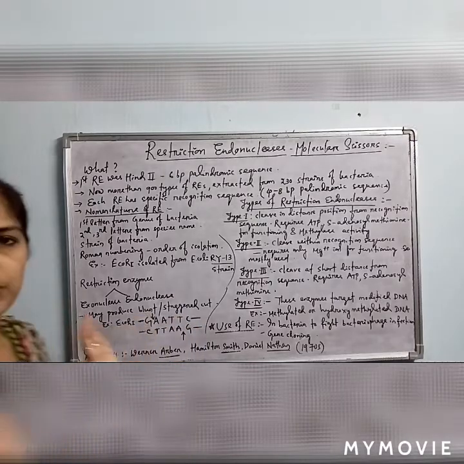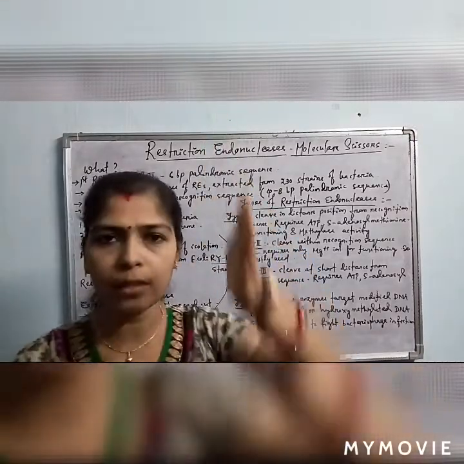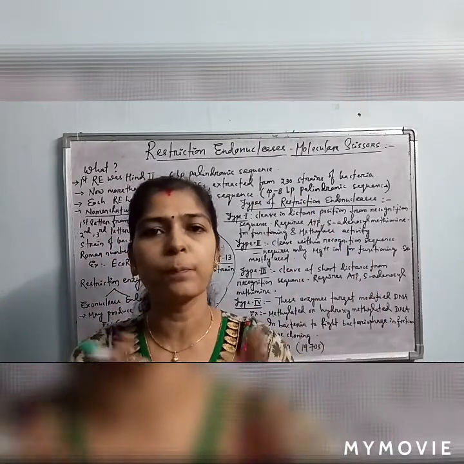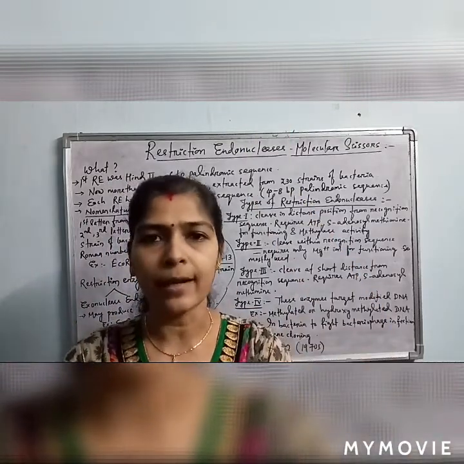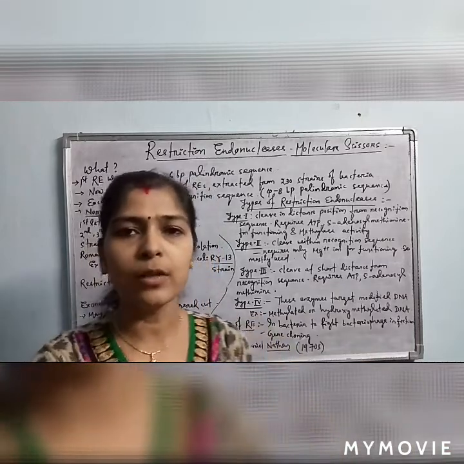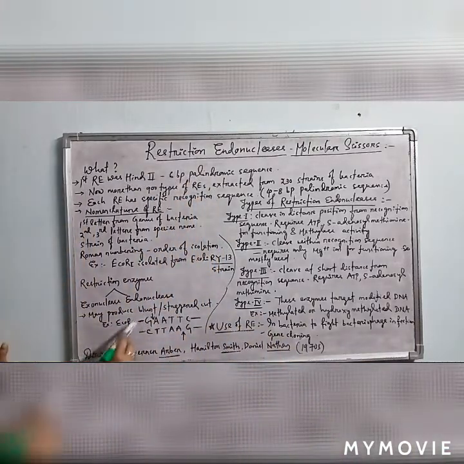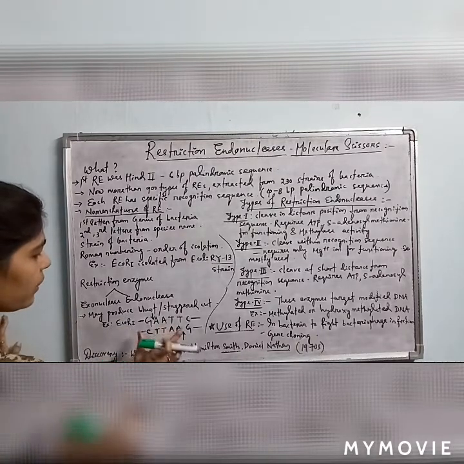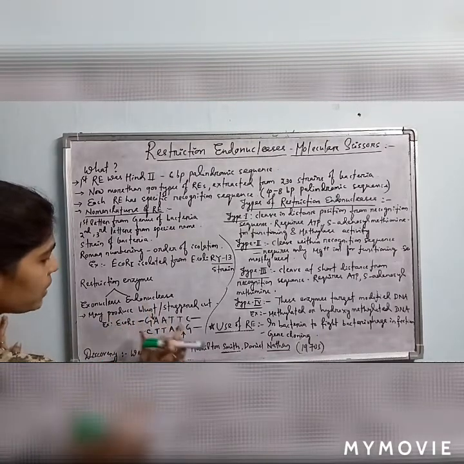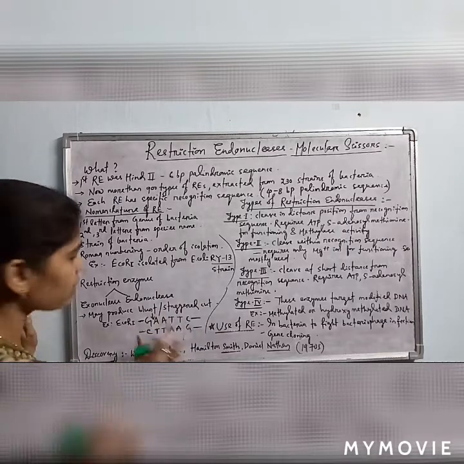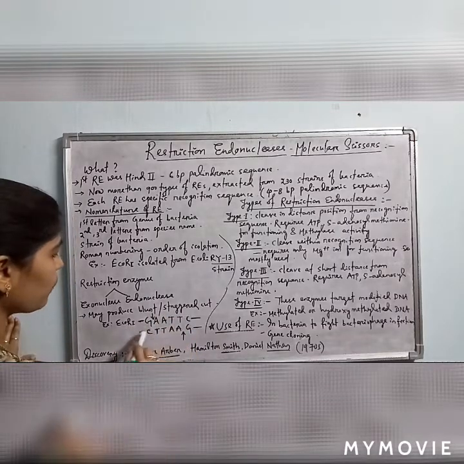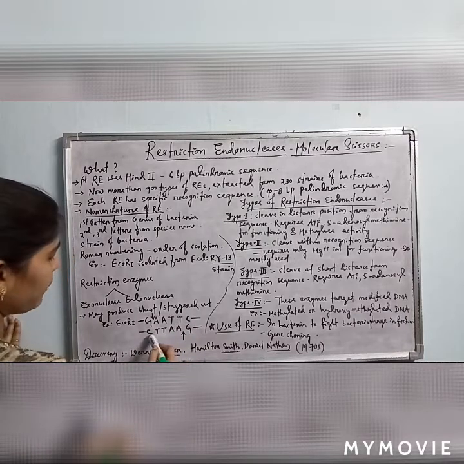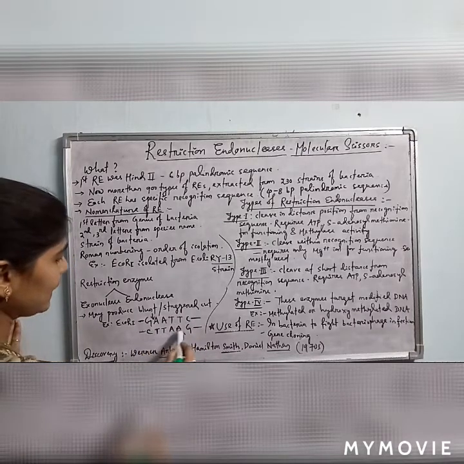Then these restriction endonucleases may produce blunt or staggered cuts. Blunt ends, as I have also told, are produced if both of the strands of the DNA are cut in the same position, then this type of restriction endonuclease will produce blunt ends without any hanging ends. And staggered cutting means what? Let's take the example of EcoR1. EcoR1 has a 6 base pair palindromic sequence as its recognition sequence, and this sequence is like this: GAATTC, and the complementary strand must have CTTAAG.